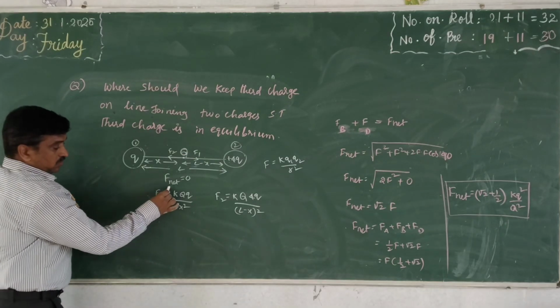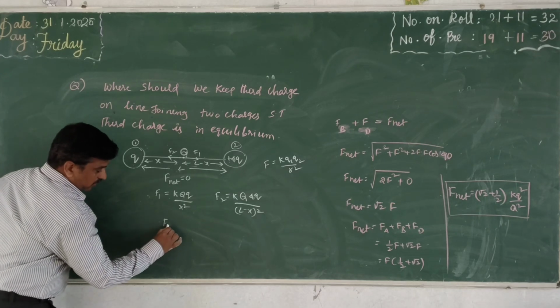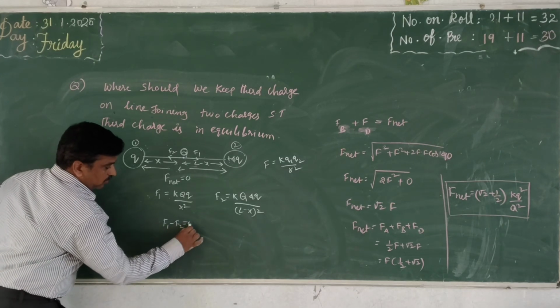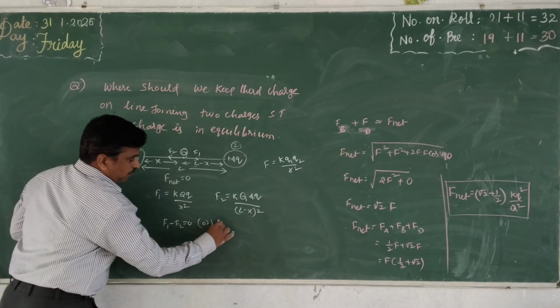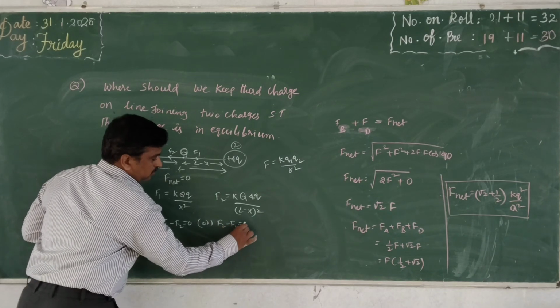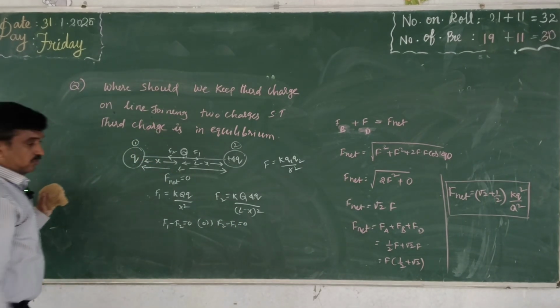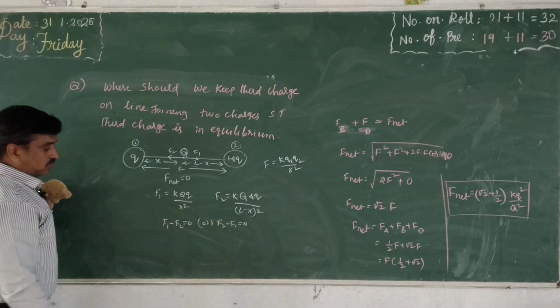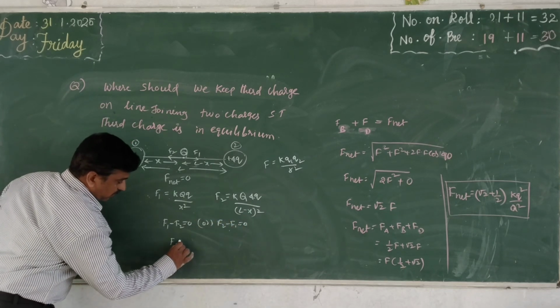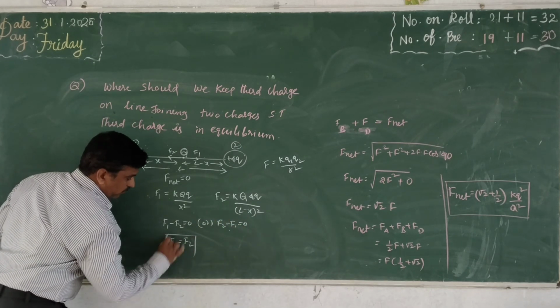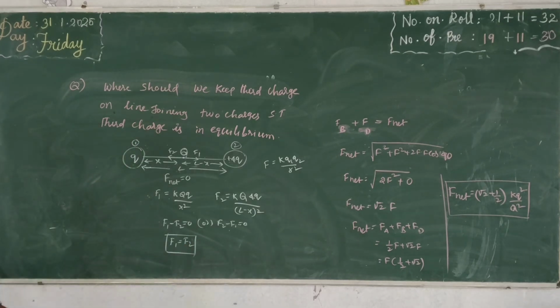So F net equal to 0: either F1 minus F2 equal to 0 or F2 minus F1 equal to 0. Whichever is larger we write first, and the smaller one second. So from that we write F1 equal to F2. This is the condition when the third charge is in equilibrium.